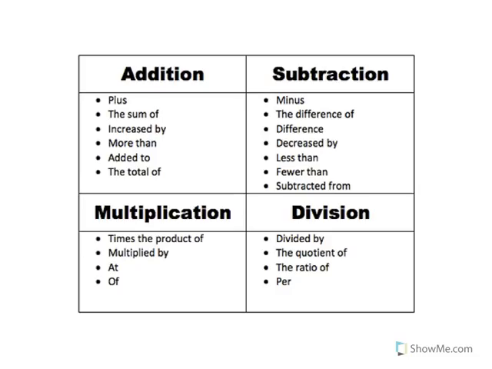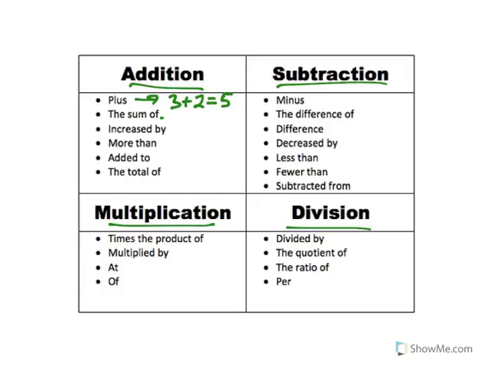Now sometimes when we talk about the four operations, we use different words to describe what we are doing. Sometimes when we're talking about addition, we might say 3 plus 2 equals 5.